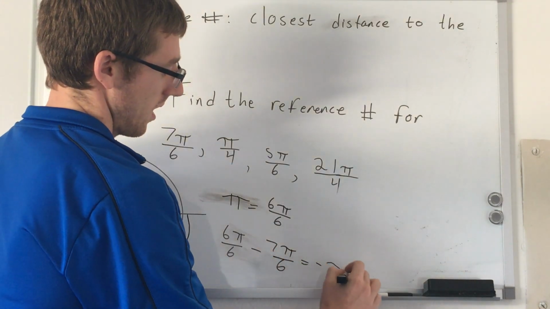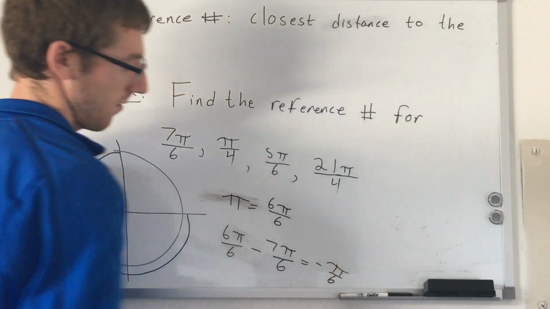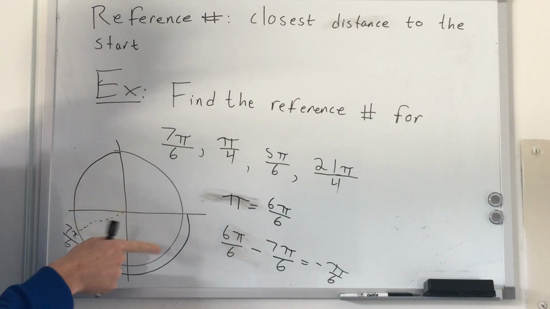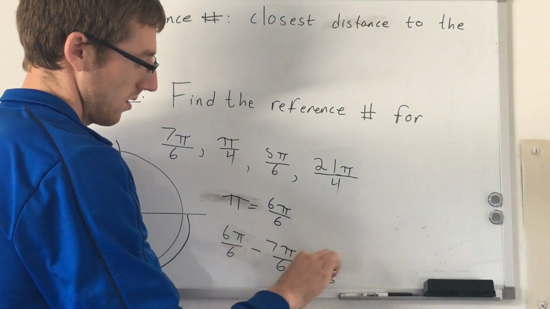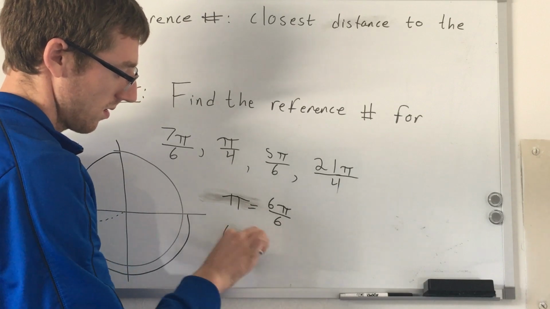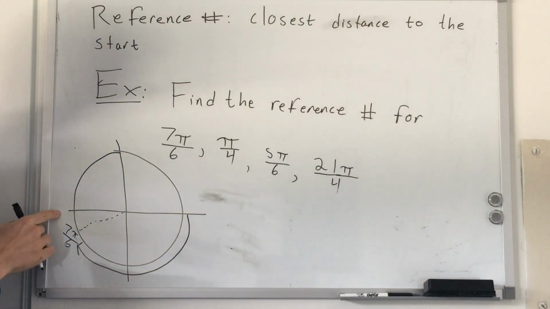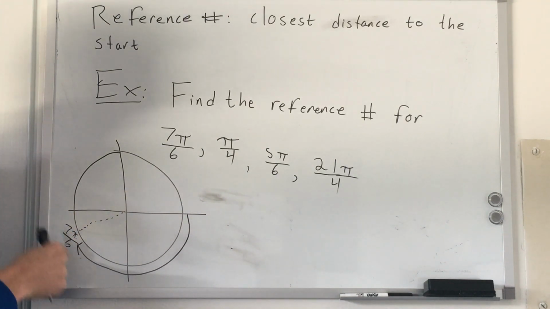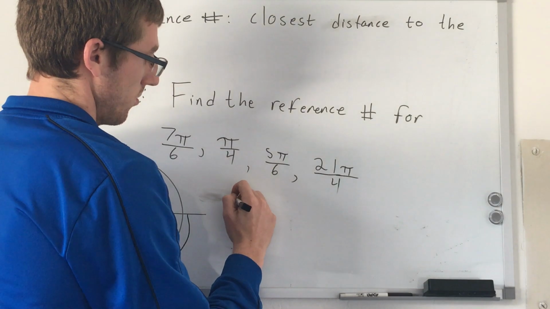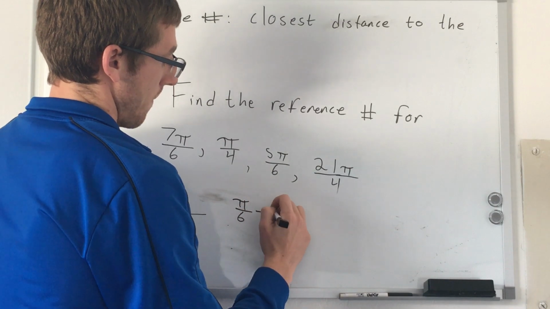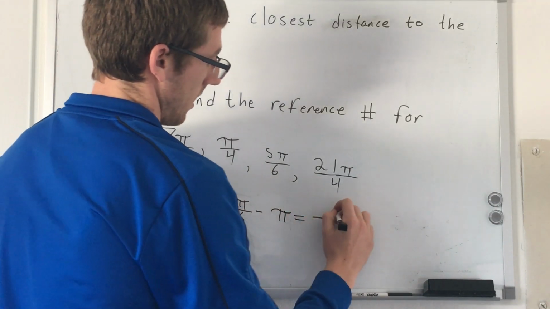So we get negative π over 6, that's not right. Sorry, scratch that. We're negative π over 6 away from π. So then we do π over 6 minus π, and we get negative 5π over 6.